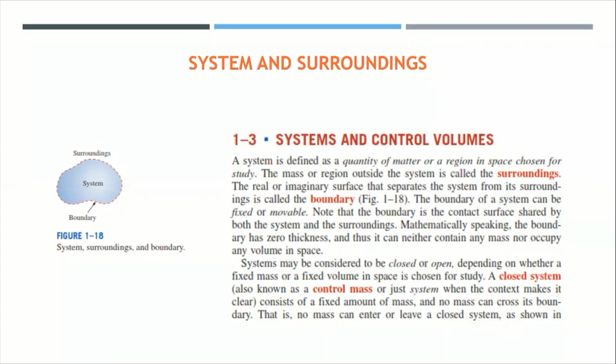It is both in contact with surroundings as well as the system, so it can neither contain any mass nor occupy any volume in space. It is a zero thickness line surface which separates system and surroundings.